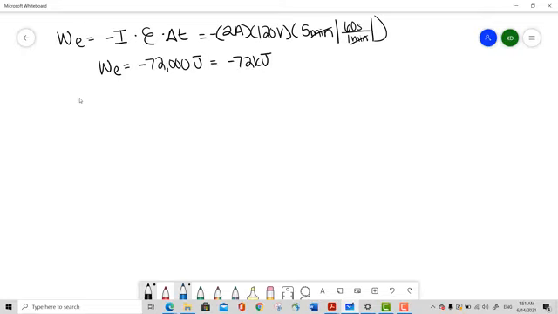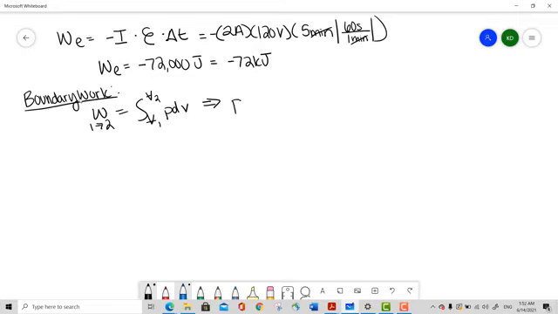Now let's look for the boundary work. Okay, and what is that formula? We've been using it. This is like the third or fourth time. Integral of P dV. And again, we can pull out P and then solve for the rest of the integral.